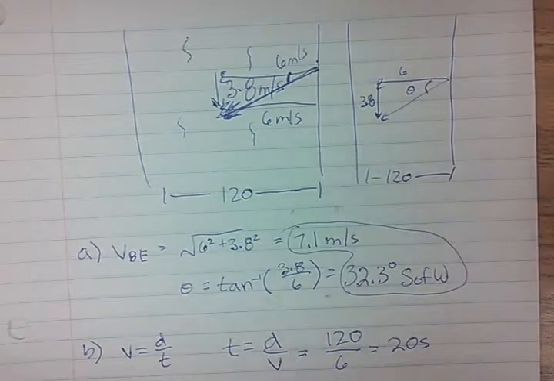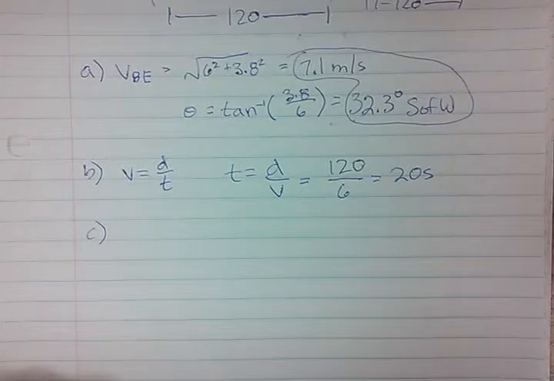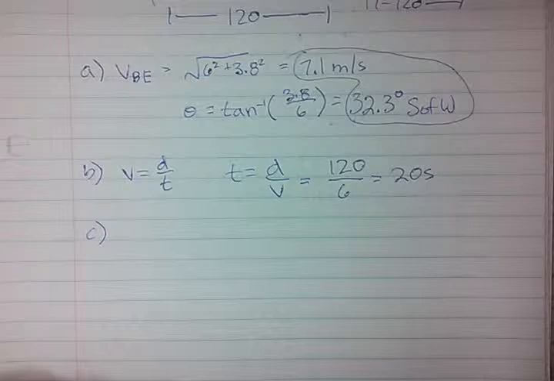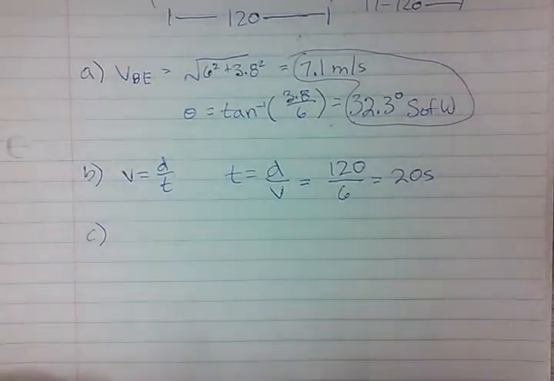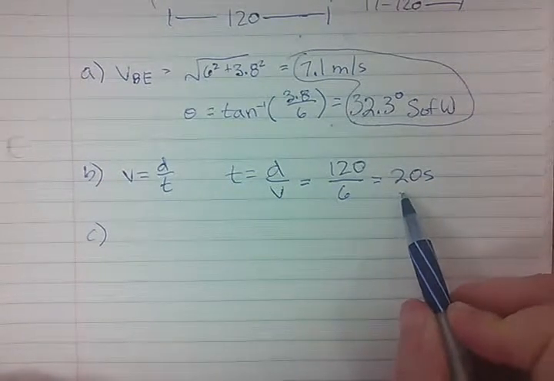Then for part C, we are asked, what distance downstream does the boat travel? So again, the current is going to push the boat that way. So how far downstream does it land? Well, we know it takes 20 seconds for it to reach the opposite shore.